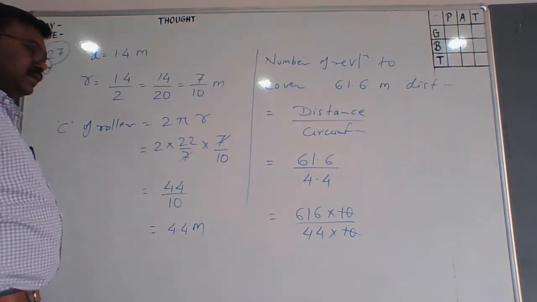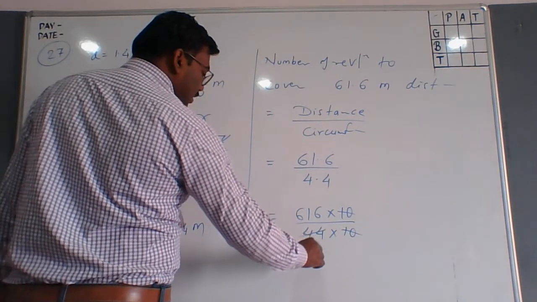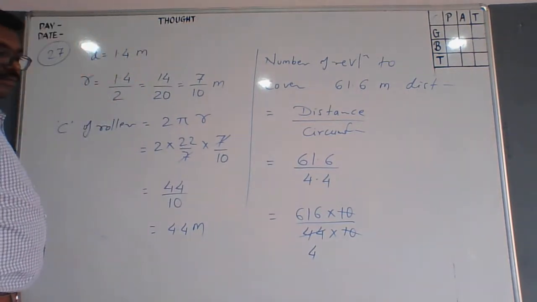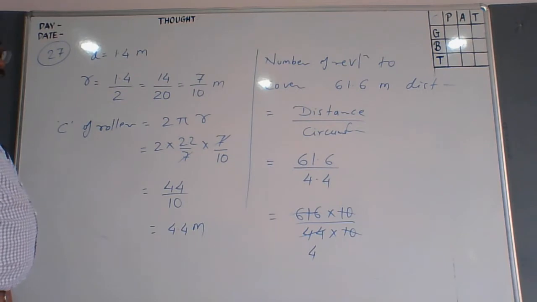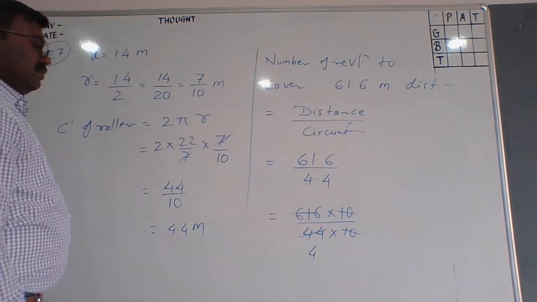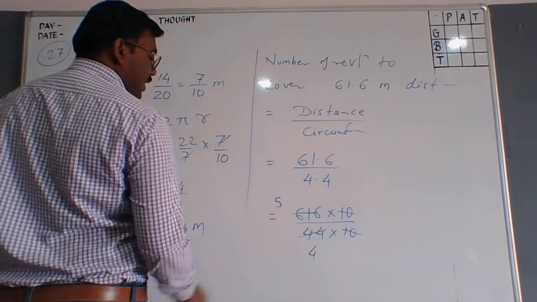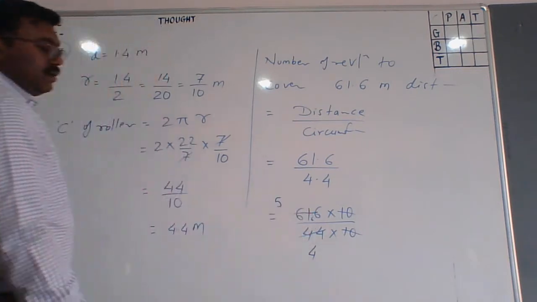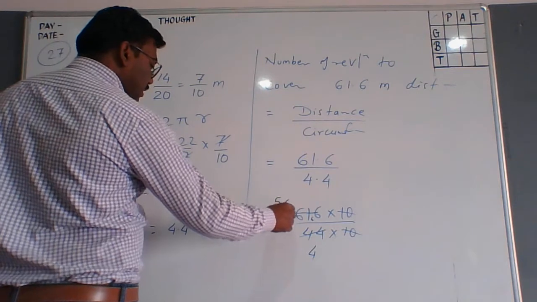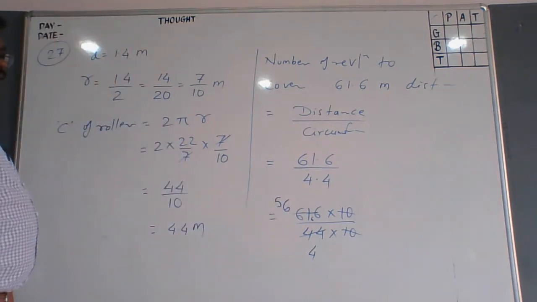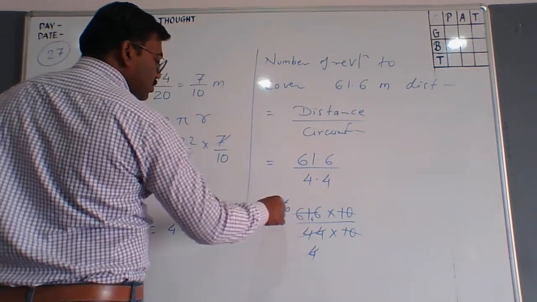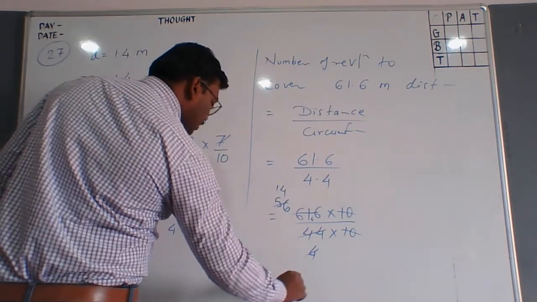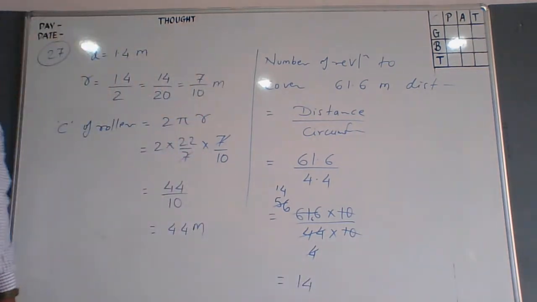Then 11 4s are 44, 11 5s are 55, 6 will be remaining, 11 6s are 66, then 14 4s are 56. So it is 14. Finally we can say that the answer is 14 revolutions.